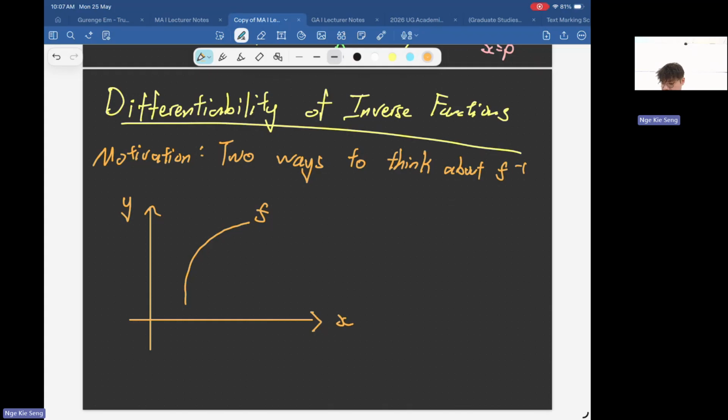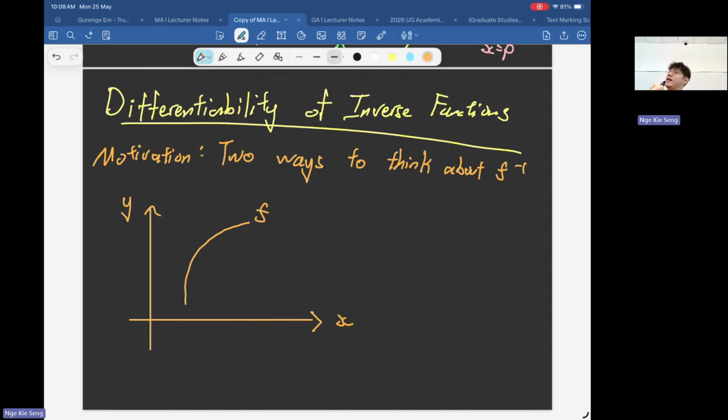Do you know how to find the inverse of this function? Rather, what's the definition of an inverse function again? You might remember. What does it mean by inverse? Inverse means you're going back, right?